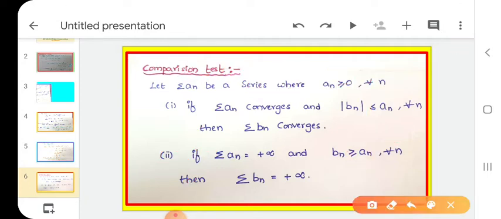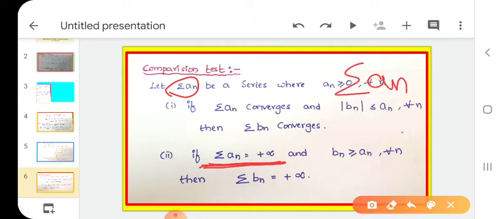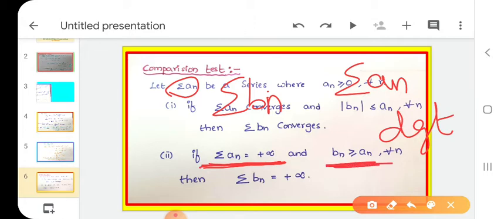Next, I take summation an and its value is plus infinity. That means summation an is a divergent series. And I take another series summation bn. What is the relation? bn is greater than or equal to an.